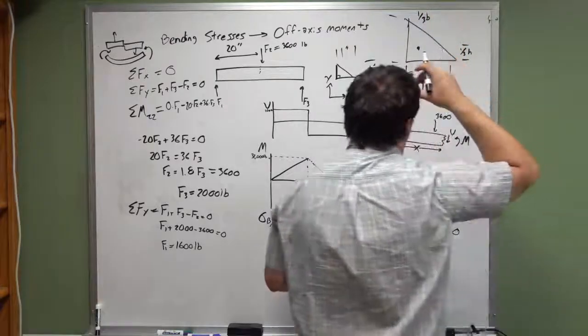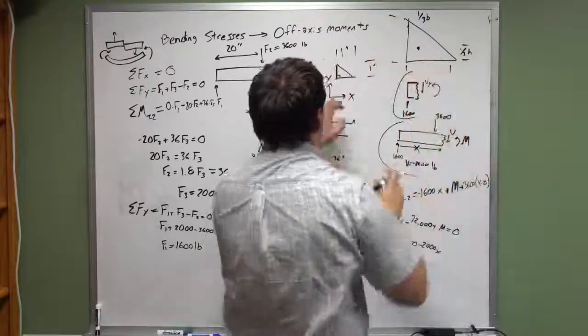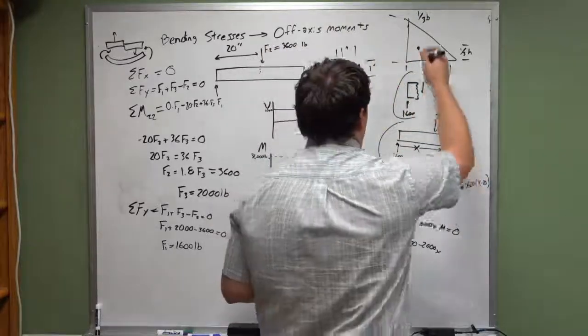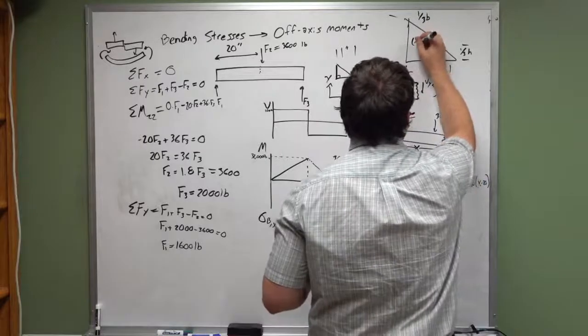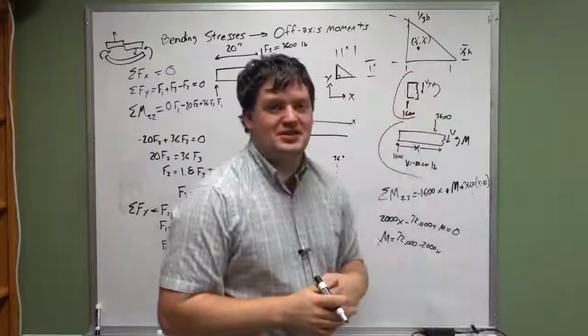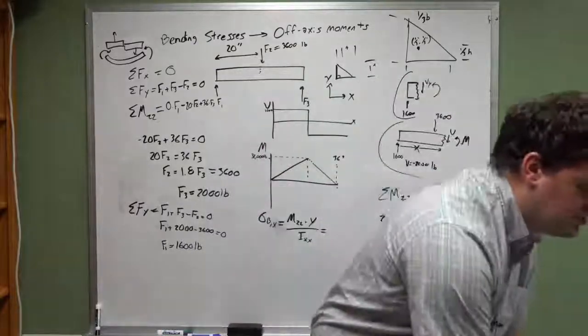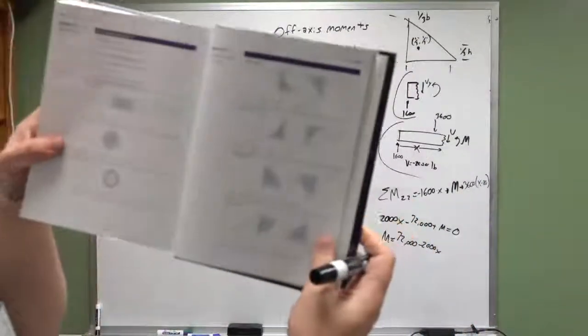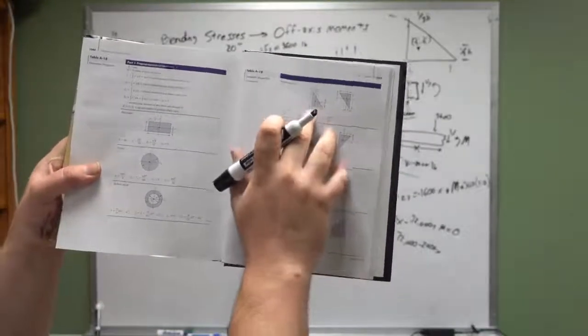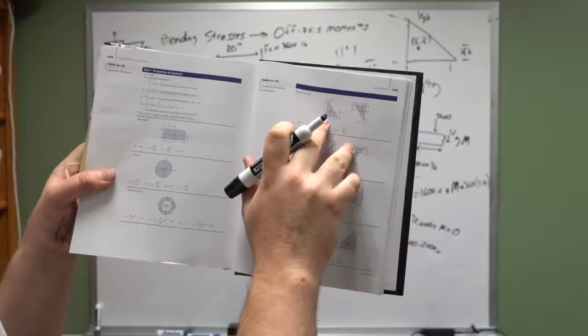So 1/3 of this and 1/3 of this, well, they're both 1 inch. The coordinates of this are 1/3 inch, 1/3 inch. That's all according to what I'm reading in the book right here. It says that's where your centroid is, located at 1/3, 1/3.